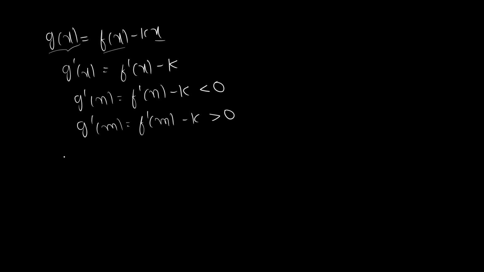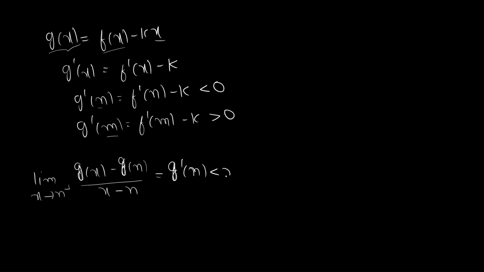Now, let's do one thing. Let's apply first principle of derivative at both these points. I can write limit x tends to n plus, which we got to be less than 0. Since there is a reason I took n plus instead of n, this will imply that there will exist a delta such that in this interval n and n plus delta 1, where delta 1 is greater than 0, the function is strictly decreasing.